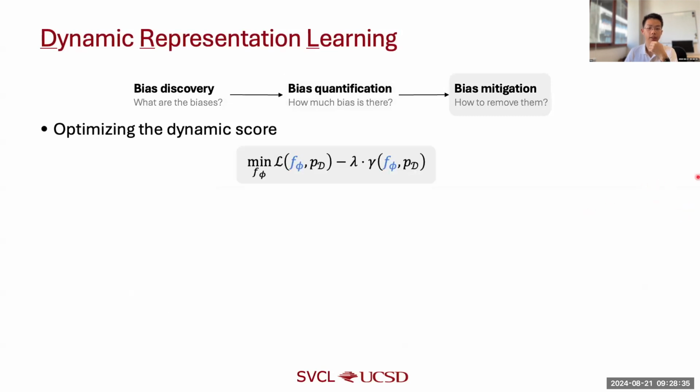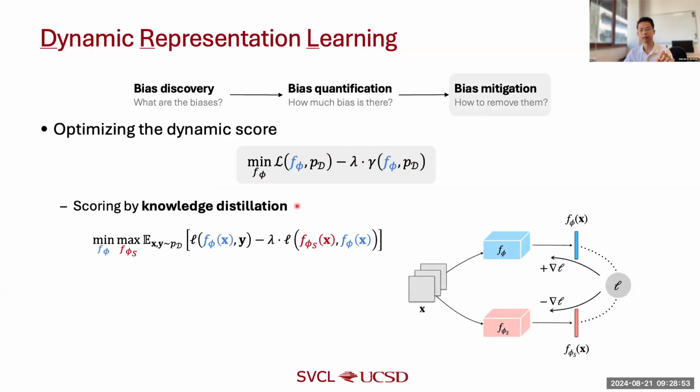Having defined the dynamic score gamma, which quantifies the spatial or temporal bias of models, we can use it as regularization during model training to learn more dynamic representations, with an extra penalty term that's weighted by lambda. This leads to two objectives depending on the choice of the spatial model. When using knowledge distillation, the objective becomes a minimax game between the video model and the spatial student, where the student tries to mimic the video teacher through distillation, while the teacher tries to learn representations that cannot be distilled to the spatial student.